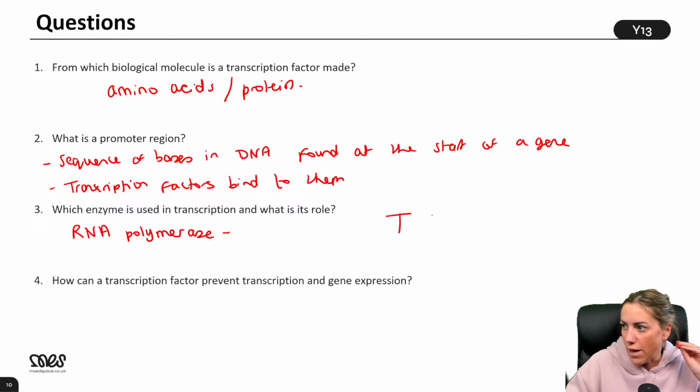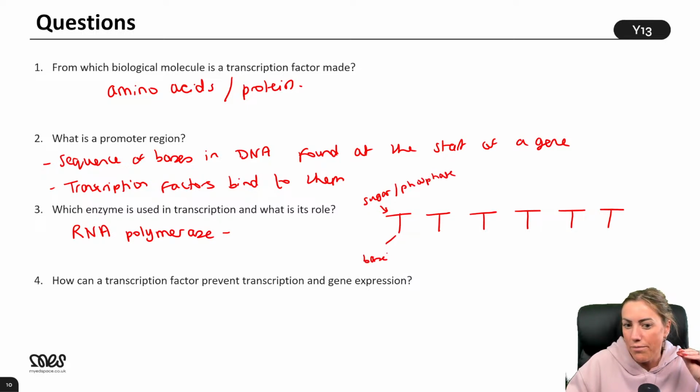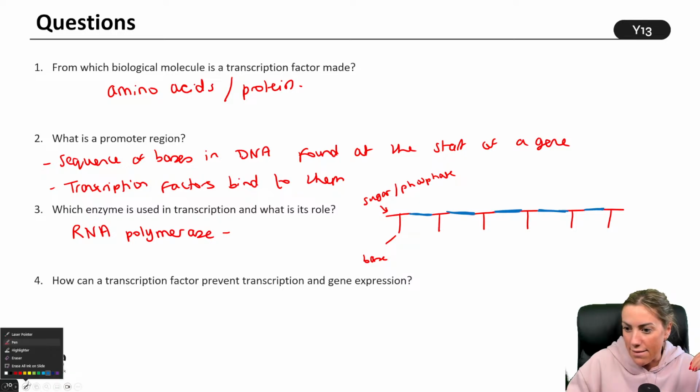Let me do you a little picture. If these are RNA nucleotides, so this is the sugar and the phosphate backbone bit of the nucleotide, and this is the base sticking out. What RNA polymerase does, if I change my pen colour, it joins the RNA nucleotides together, via the sugar and the phosphates. It doesn't join, let me draw some DNA in.